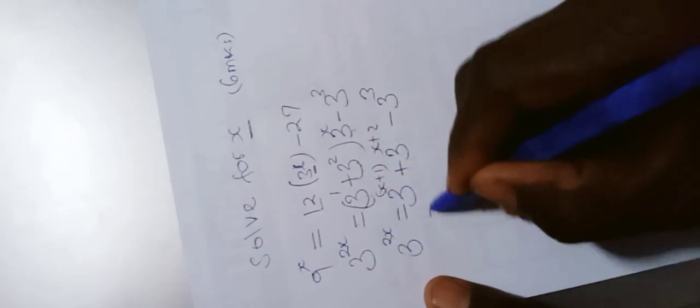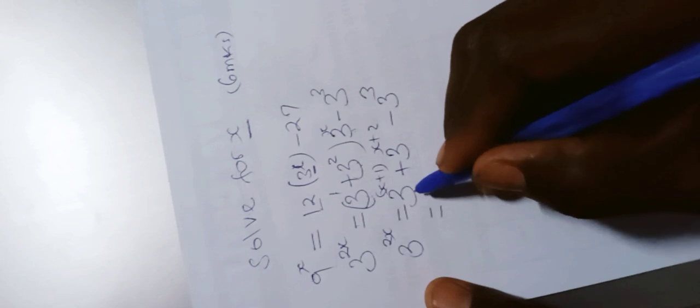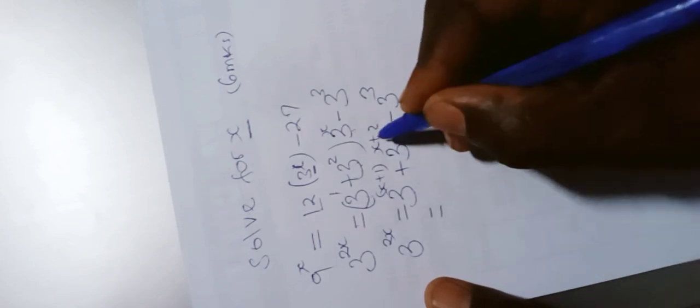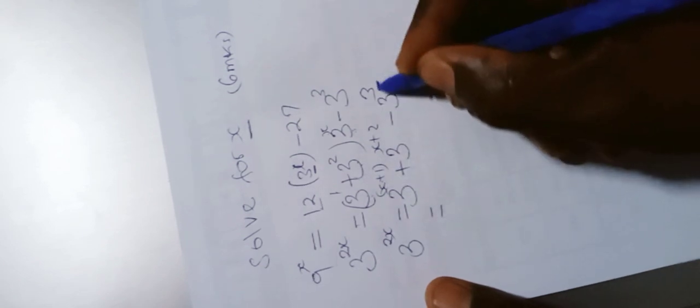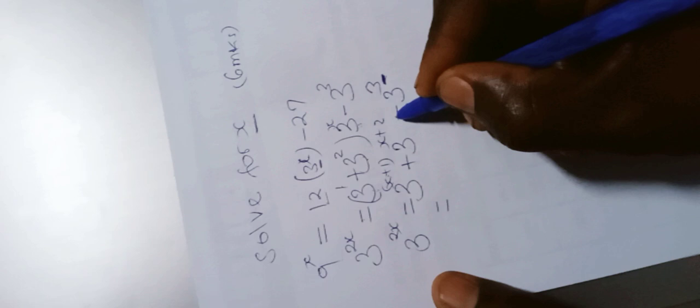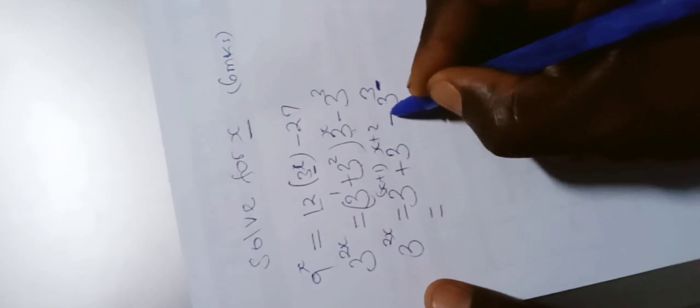Now, adding this, we are going to multiply the base, the exponents, but by the end of the day, we are going to divide the exponent for the reason of minus.